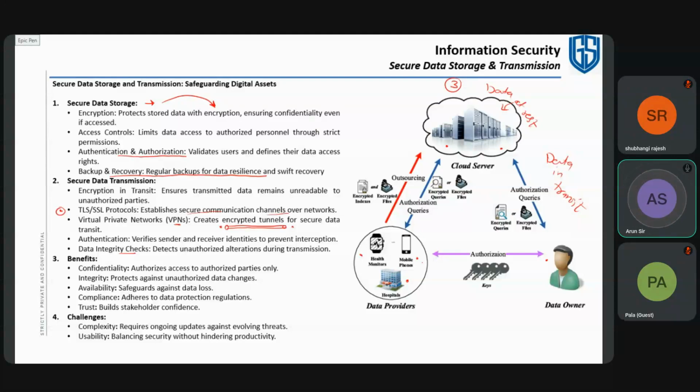If you don't encrypt, then you will have better speed of access. But if you encrypt, then every time you are accessing, there will be decryption, and then again encryption as per the data in transit, and it will appear to you. So that is why you might have felt that whenever you are accessing anything from a secured website, it takes certain time.